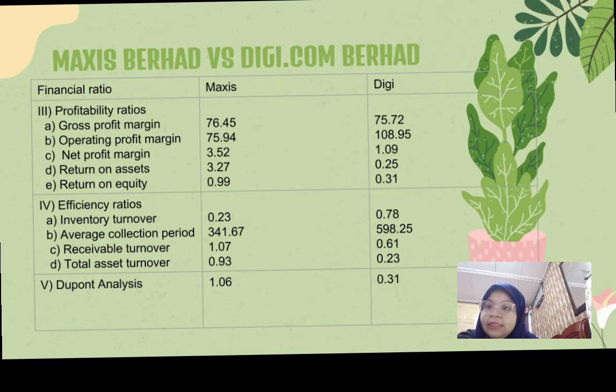DuPont analysis for Maxis gets a value of 1.06, while DiGi gets a value of 0.31. This shows return on equity is equal to profit margin multiplied by asset turnover multiplied by financial leverage.